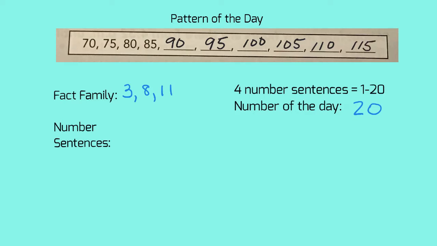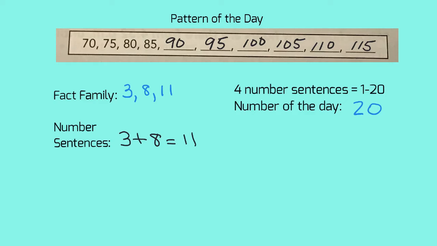All right, we need to come up with our number sentences for our fact family 3, 8, and 11. Think about those for a minute. We know we have 2 addition problems and 2 subtractions. So we have 3 plus 8 equals 11.